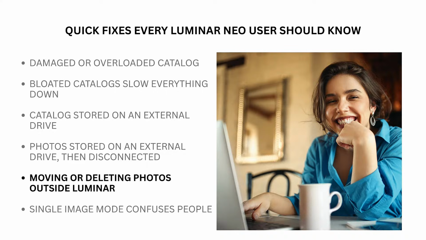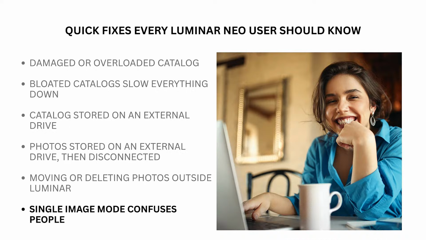Moving or deleting photos outside of Luminar. And then here's one my good buddies Dal and Carl have been helping people with: understanding single image modes, because it's very confusing to people. Those, in my opinion, are the areas that I want to work with you on.